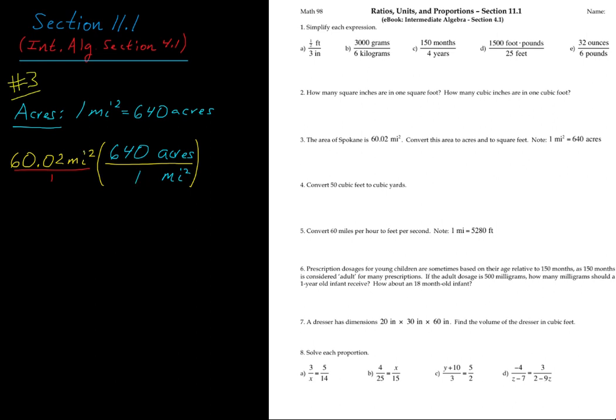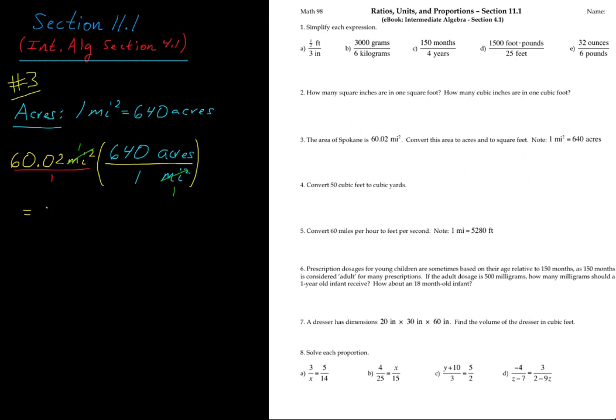Alright, great. So now we can see these units of square miles are going to cancel out. And then I'm going to multiply the 60.02 by 640.